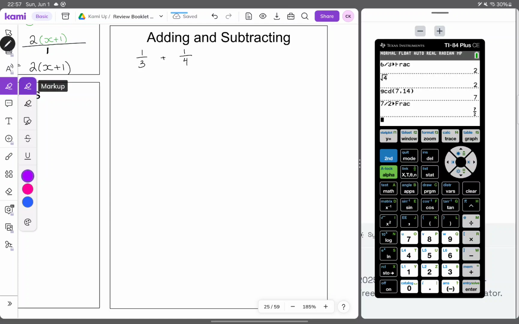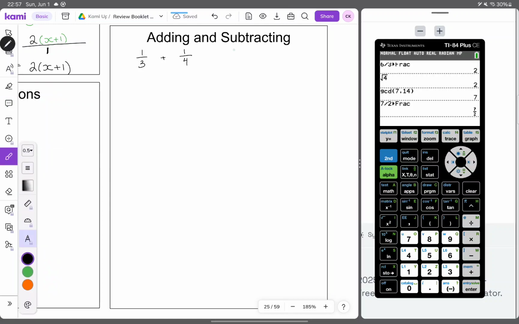So we needed to find the lowest common denominator. In our calculator, this is called the lowest common multiple. So if I go into the math over to that number, you can see I have an LCM here. So if I go 8, I want to find the lowest common multiple of 3 and 4. And it just so happens that that is 12.